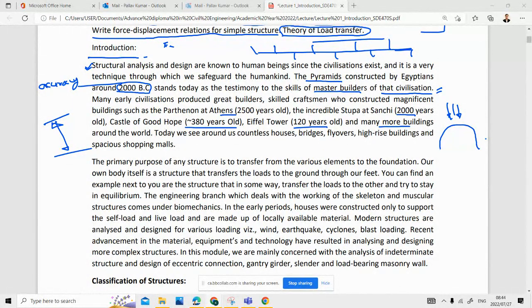What do they do basically? What is the nature of force? Okay, tell me the nature, whether it is tension or compression. It uses compression to keep the shape, sir. Correct. Very correct. I agree with you.